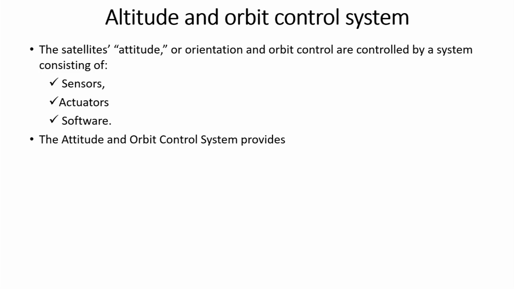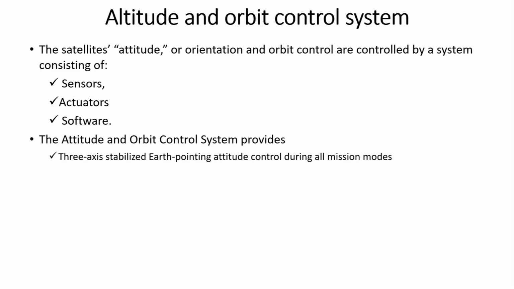So, the attitude and orbit control system generally provides 3 axis stabilized earth pointing attitude control during all mission modes. Of course, there are also spin stabilized satellites, which we will not discuss here. These were used in the first generation of satellites.